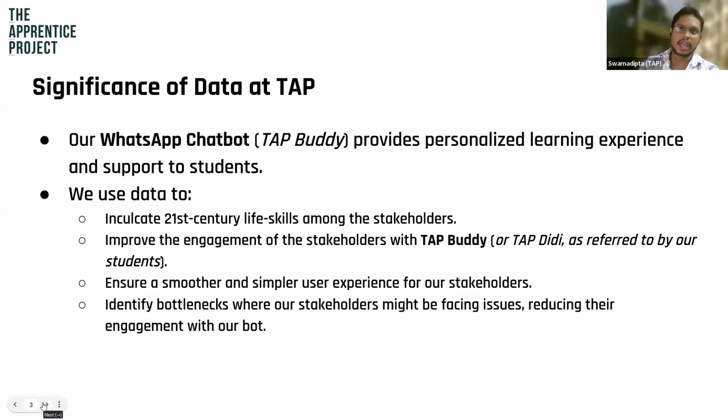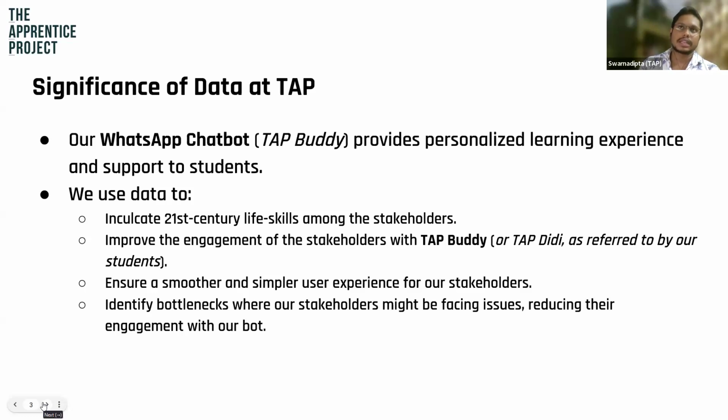Towards the end of the batch, we have something called an endline test, which assesses how far the student has come. And before kicking off the batch, we have something called a baseline as well. We compare the results of baseline and endline.